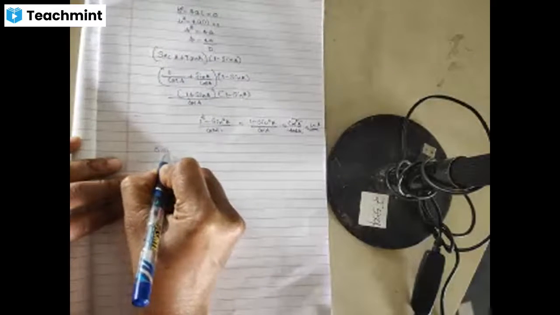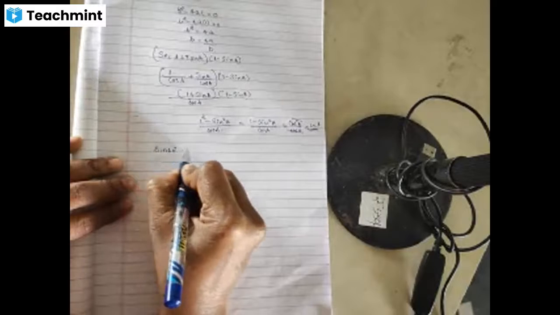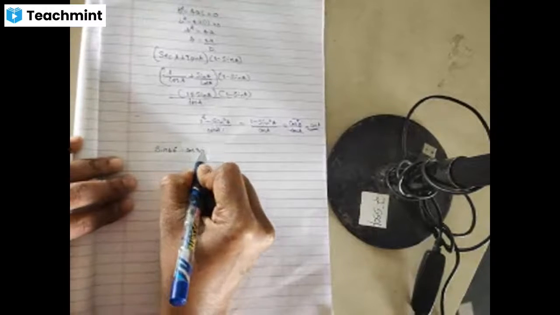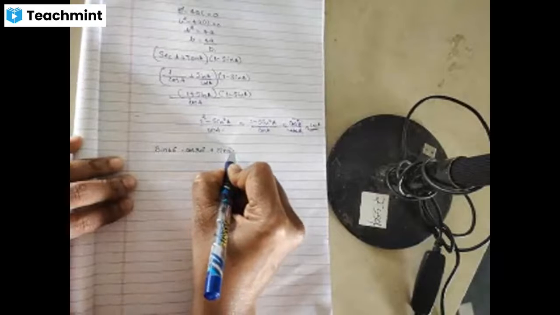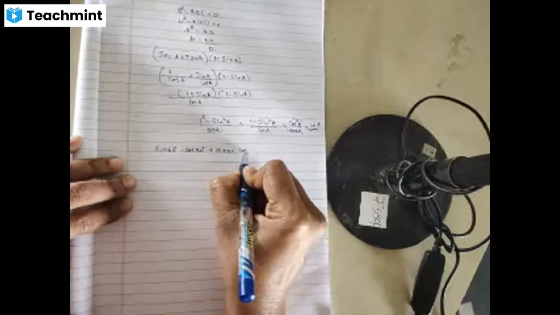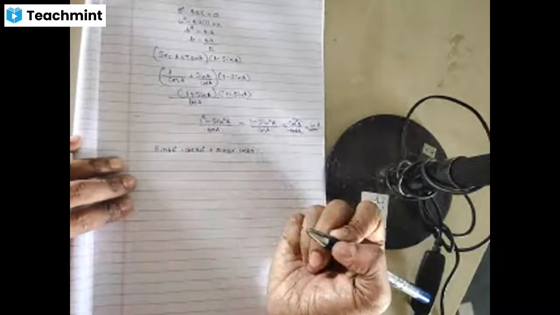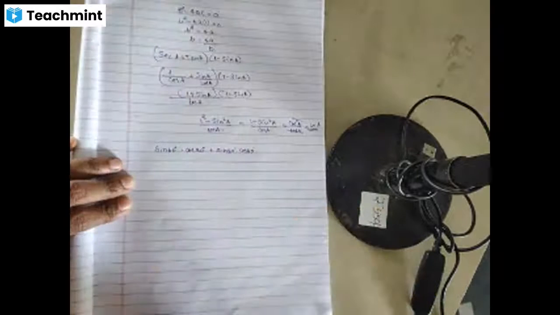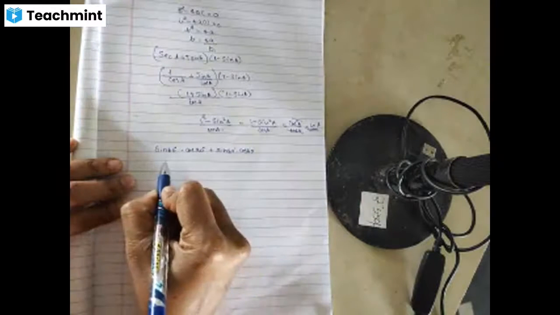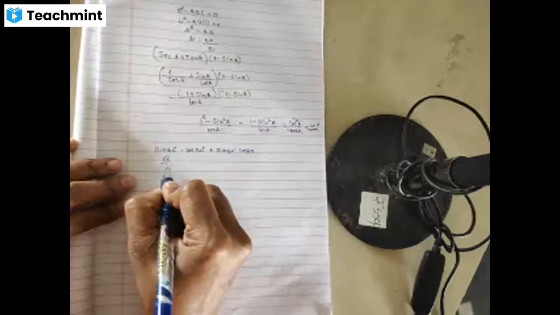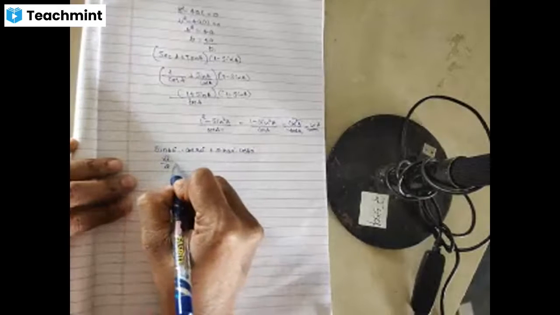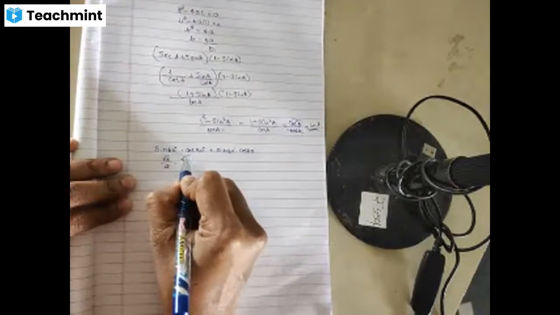The value of sin 60 into cos 30 plus sin 30 into cos 60. Get ready with the values faster. Value of sin 60, root 3 by 2, good. Cos 30, root 3 by 2.